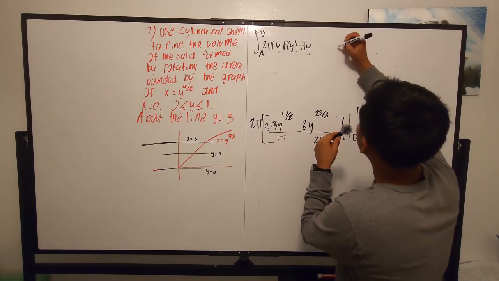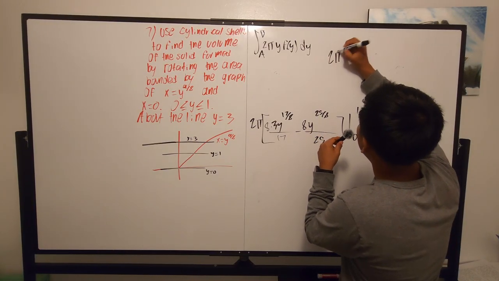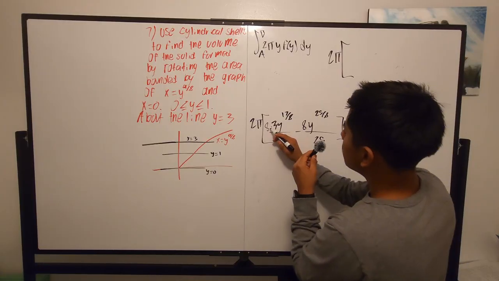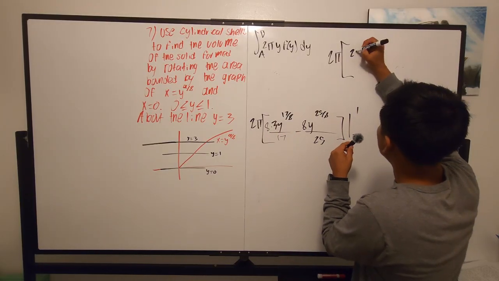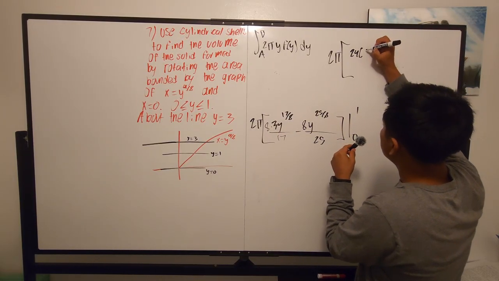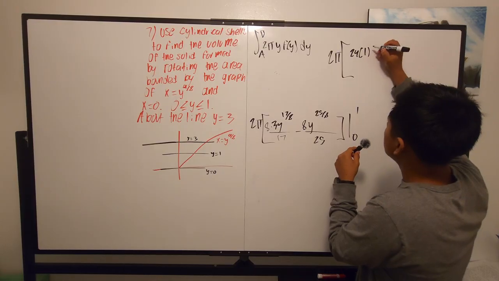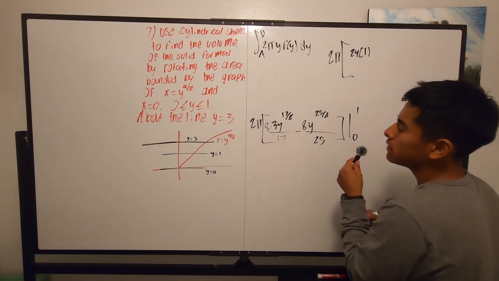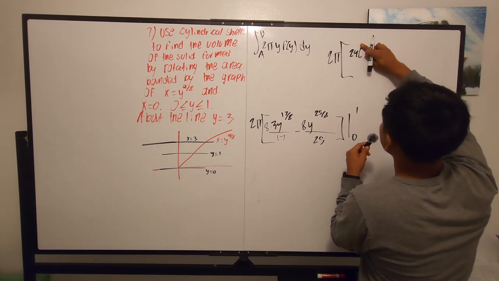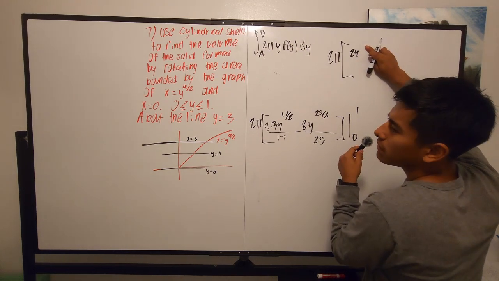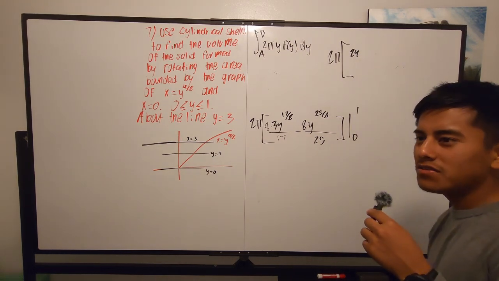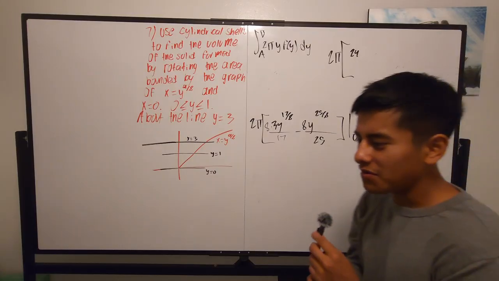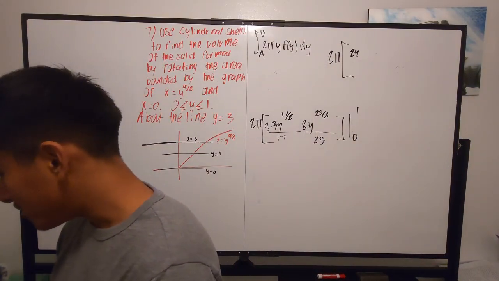So we have 2 pi, and we can multiply 8 times 3. That's 24 times 1 to this. 1 to any power except for 0 is just going to be 1. Wait, I think 1 to the 0 is actually 1 as well. Hold on, let me double check that.